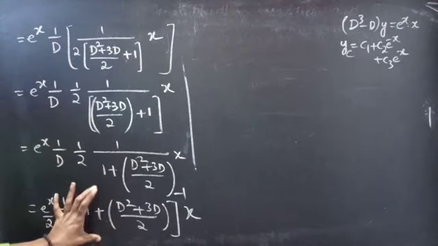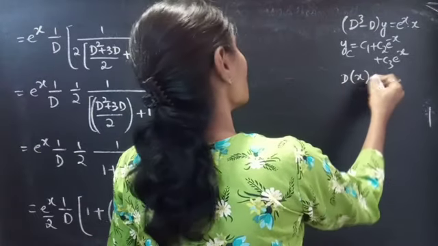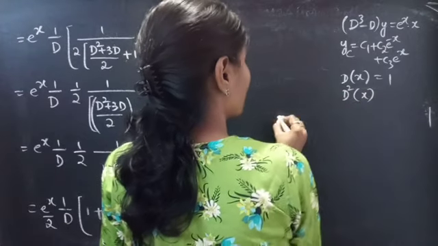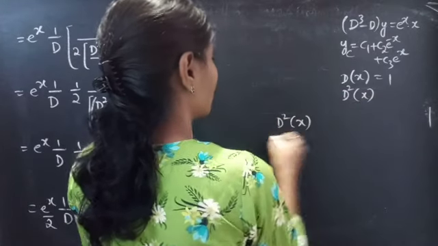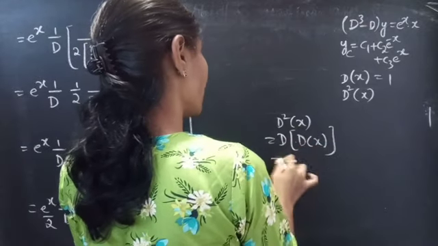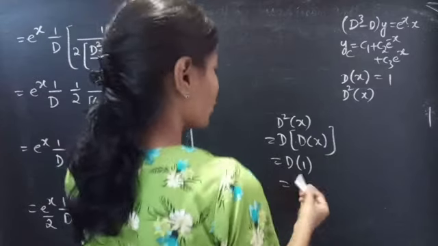Now before expanding this, let's find the derivatives of x. Derivative of x is 1. D square of x is derivative of x. We know that derivative of x is 1, and here we need to find the derivative of a constant, which is 0.